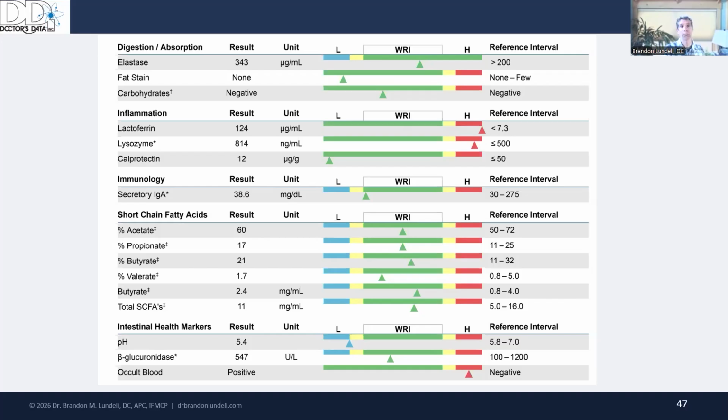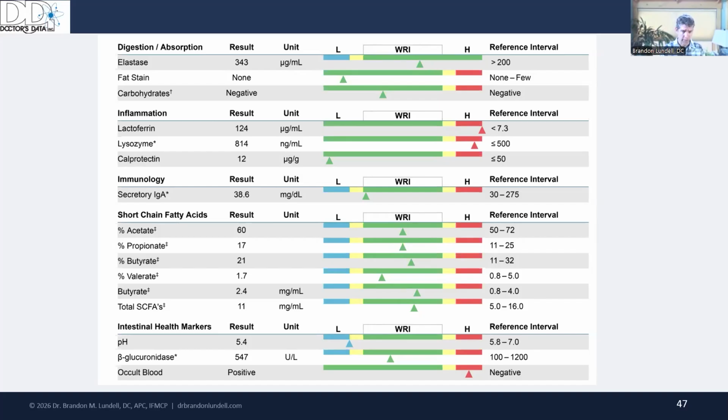Not to the point of disease or a true pathology, but they still might not be producing enough for optimal digestion. So at that point, I still might consider using a trypsin, chymotrypsin, pancreatic-based enzyme. If fat stain's elevated, I might use some bile acid thinning agents like I mentioned before, but I also might just use bile salts as well.